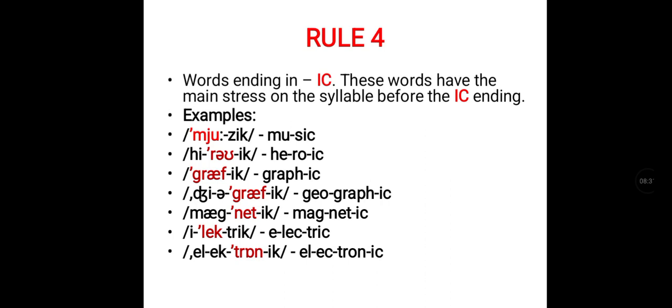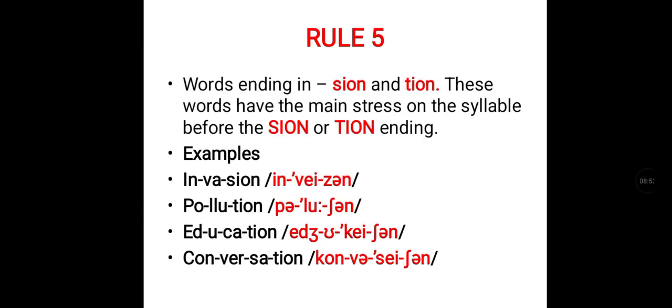We have geographic, stress on the second syllable. We have magnetic, stress on the second syllable. We have electric. We have electronic. So remember that any word that ends with IC, the stress falls on the syllable before the IC ending.